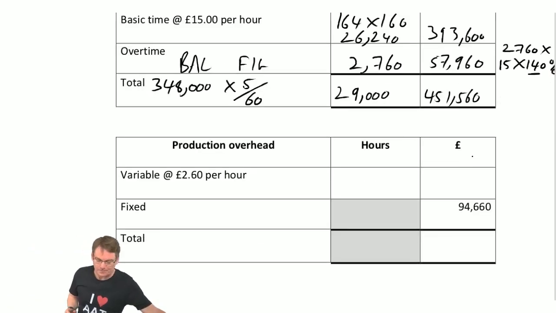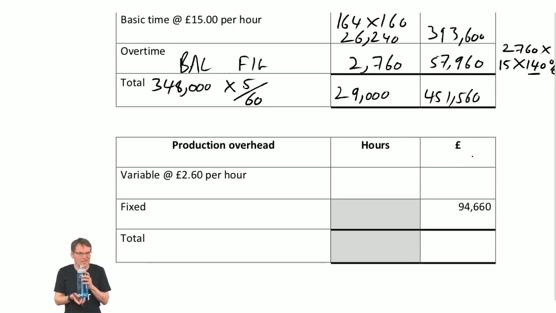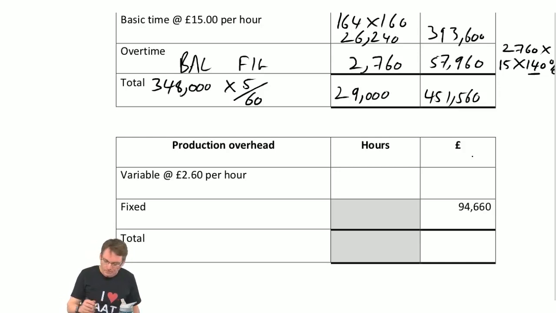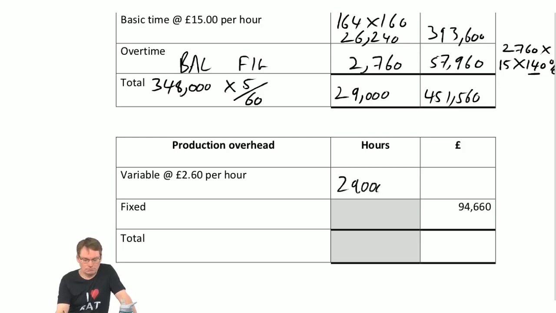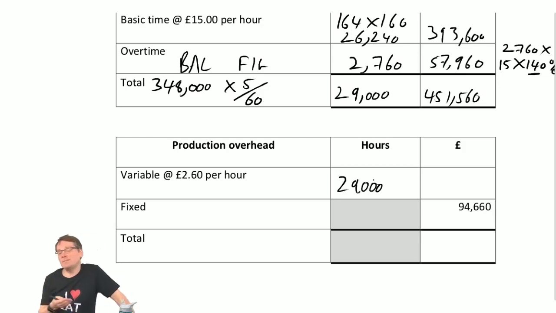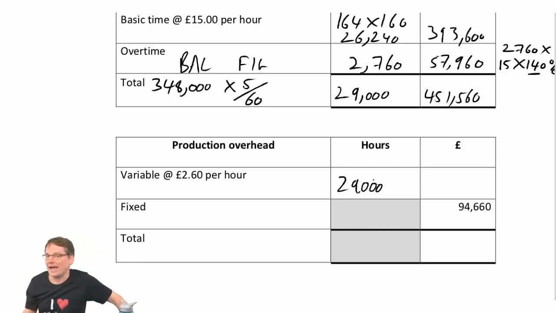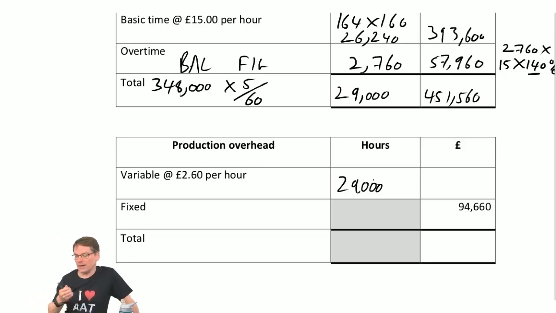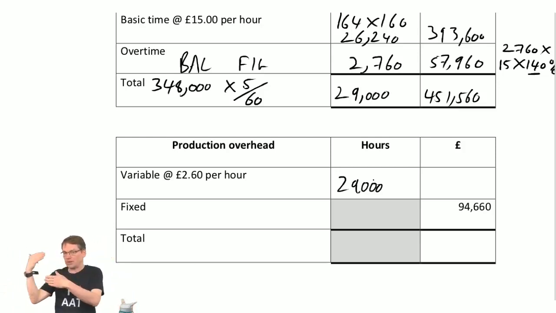Final bit we've got, variable overheads. Variable overheads, nice and straightforward. Variable overheads, £2.60 an hour. How many hours did we use? 29,000. Variable overheads don't care if it's ordinary basic time or if it's overtime. It's based on all of the hours that you work. So it's not split between overtime and basic, it's simply how many hours there were altogether.